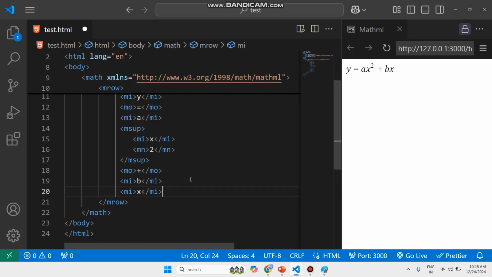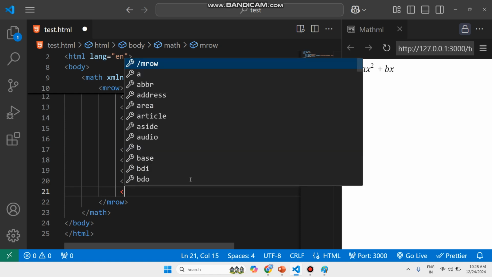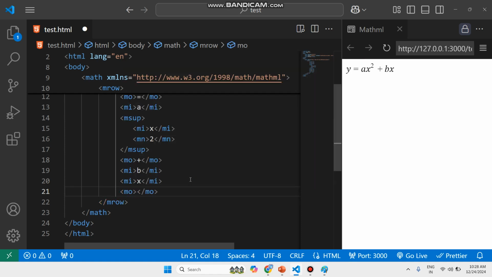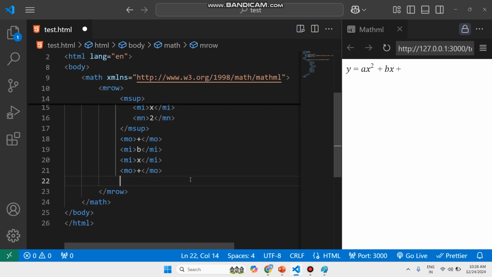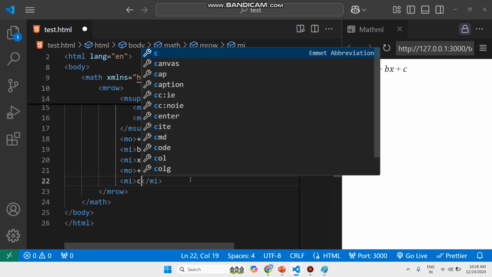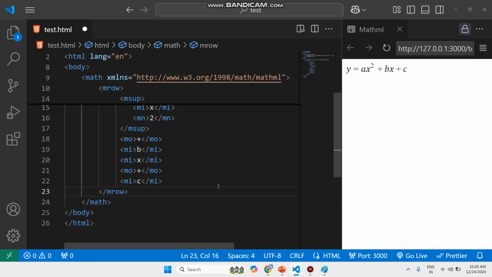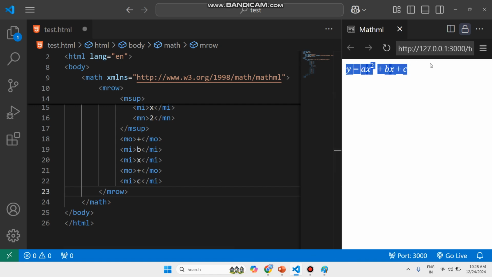We just need to add one more mo. After that mo, what do I want to write? Again the plus sign. Again we need to write one mi, the mathematical identifier, and I want to write only the c. See guys, done almost. So this is exactly how we can write our mathematical equation.